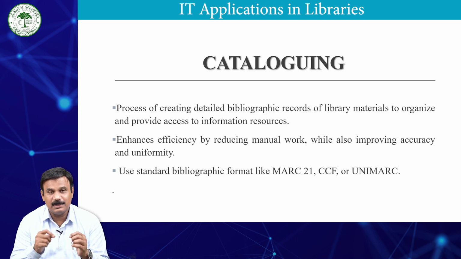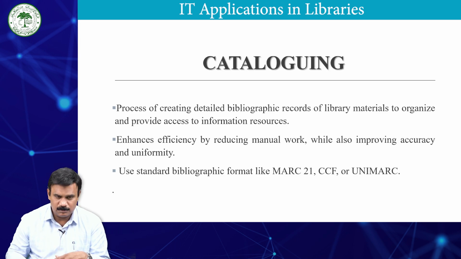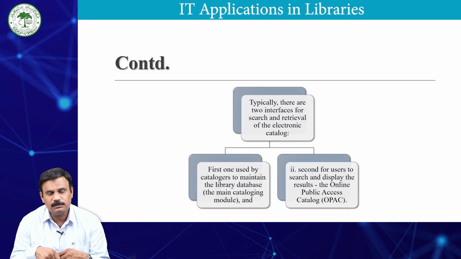But in the automated cataloging, the process starts by entering bibliographic details into a pre-designed worksheet, similar to a data entry form, which conforms to a standard bibliographic format like MARC, CCF, and UniMARC. So there are two interfaces you will find in the cataloging part: search and retrieval.